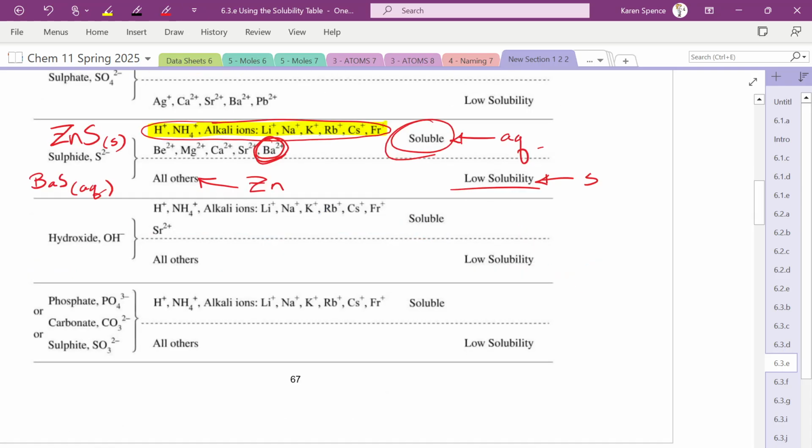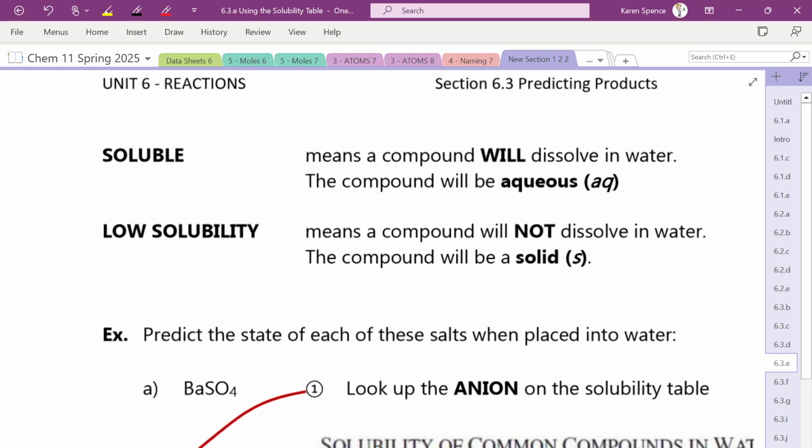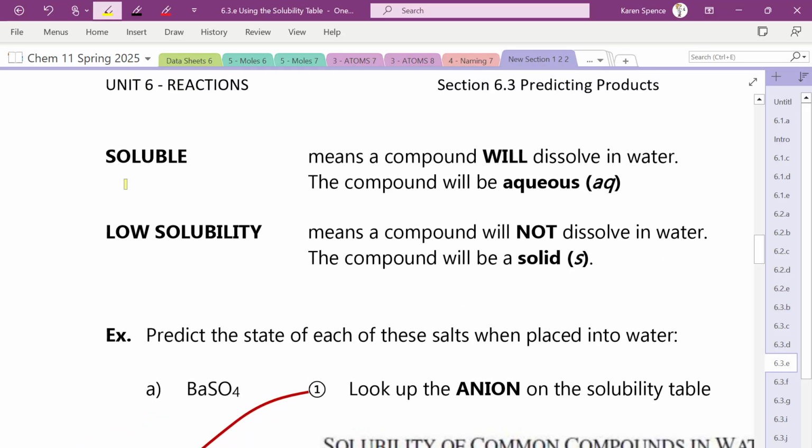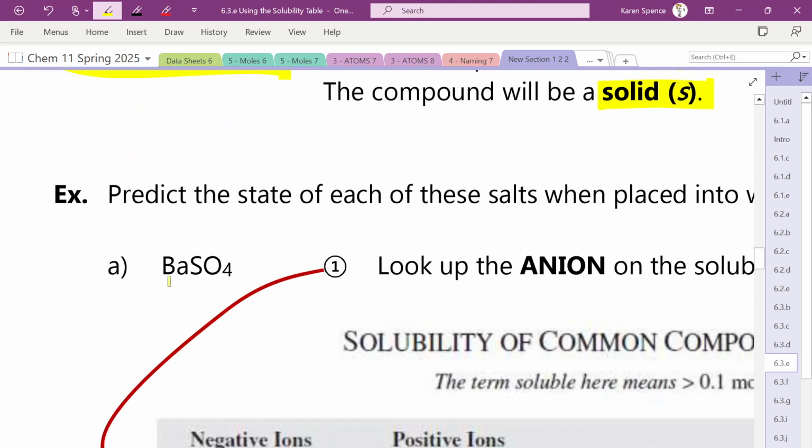All right. So if you have a compound which is soluble, this just says what we already talked about. Soluble means it will dissolve and it will be aqueous. Low solubility will not dissolve, it's going to be a solid. So please tell me the state of barium sulfate. You're going to start by looking up the anion.